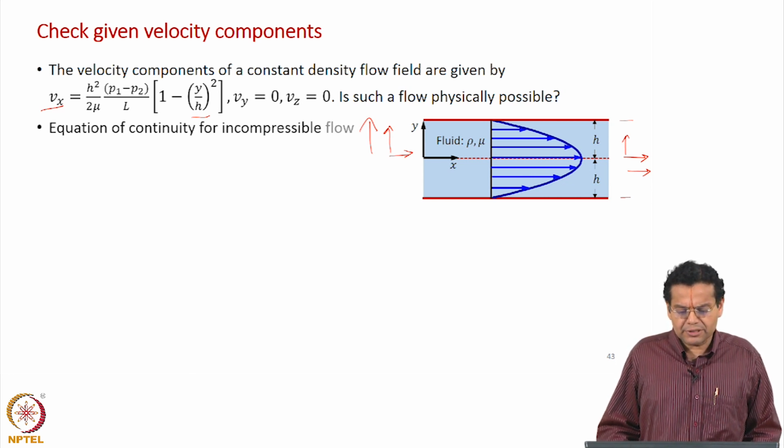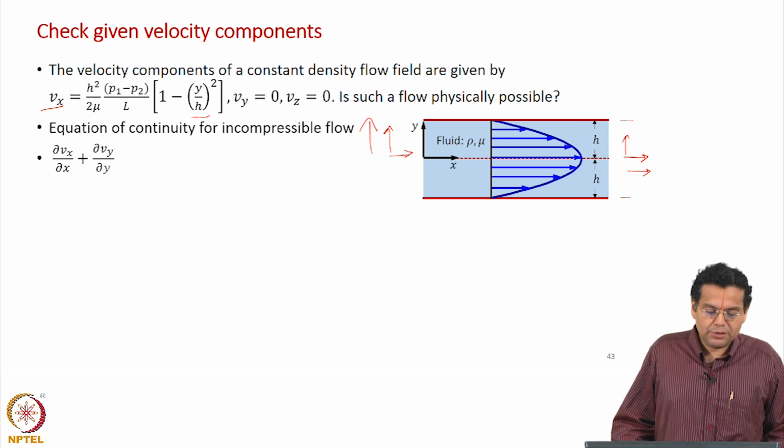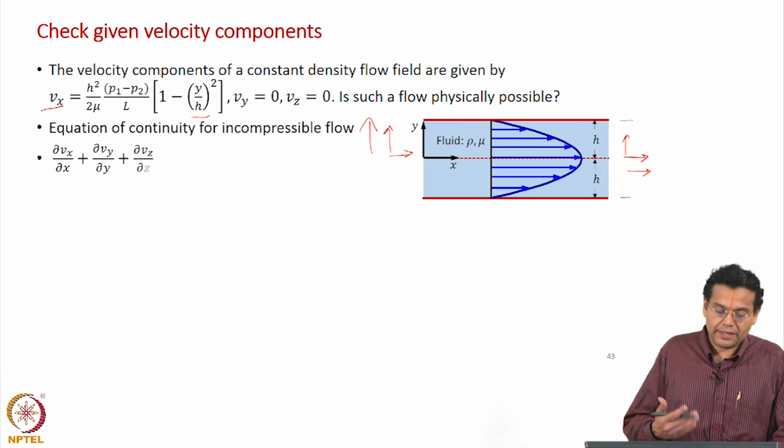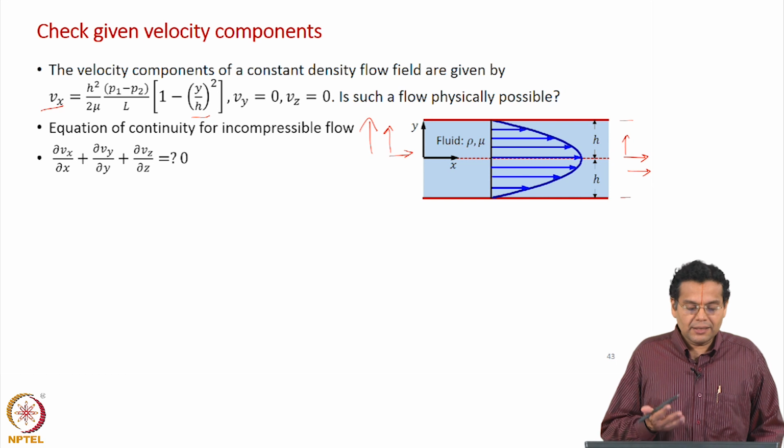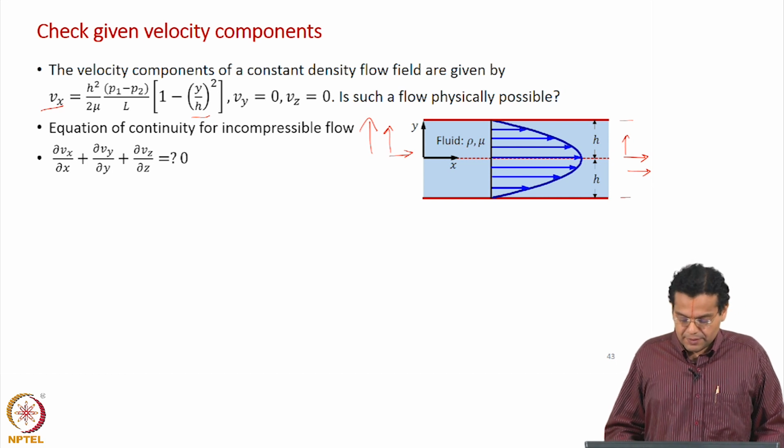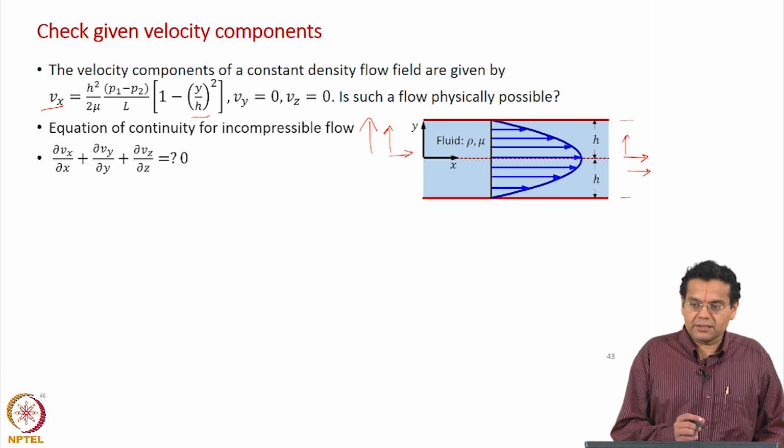Let us write down the equation of continuity for incompressible flow. There is no density term, the rate of change of density with time is also not there, and there is no density in the net mass flow term either. You need to check whether this is indeed 0.